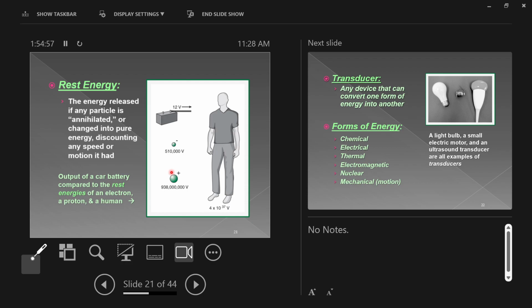Okay, now take a person. A person's made of a lot of atoms, right? That was just a single proton or a single electron. Okay, so take a person who's made of many, many, many thousands of trillions of atoms, right? They would be worth 4 times 10 to the 37th power in volts. This is scientific notation. Let me zoom in here.